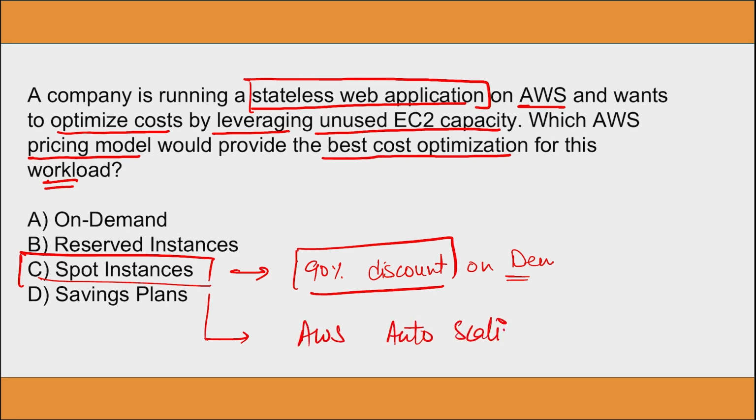That means if the demand increases, with the help of auto scaling you will be able to allocate more resources. As well, spot instances support cost optimization.